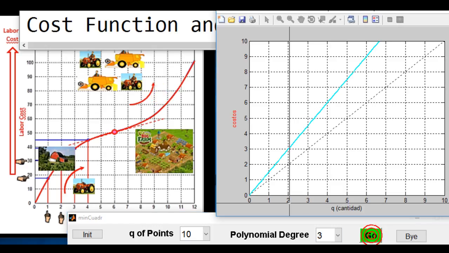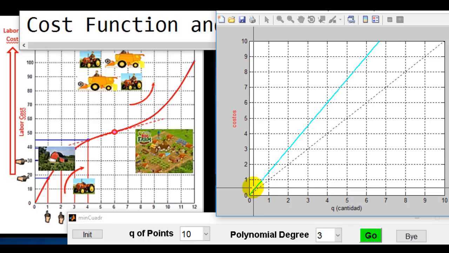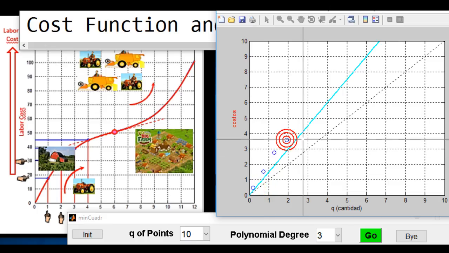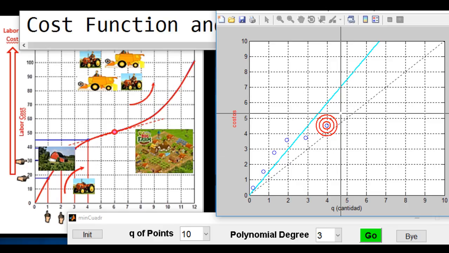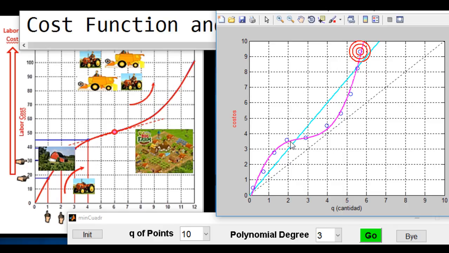So we're going to draw here 10 points, and this is the cost function for a small firm, and we have another set of data for the bigger firm. Let's assume that this is the data that we have for the bigger firm.